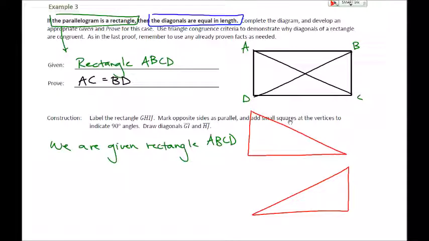So I will use that definition to say that angle ADC, this angle, which I'll draw up here, is congruent to angle BCD, this angle right here, because they're both right angles.